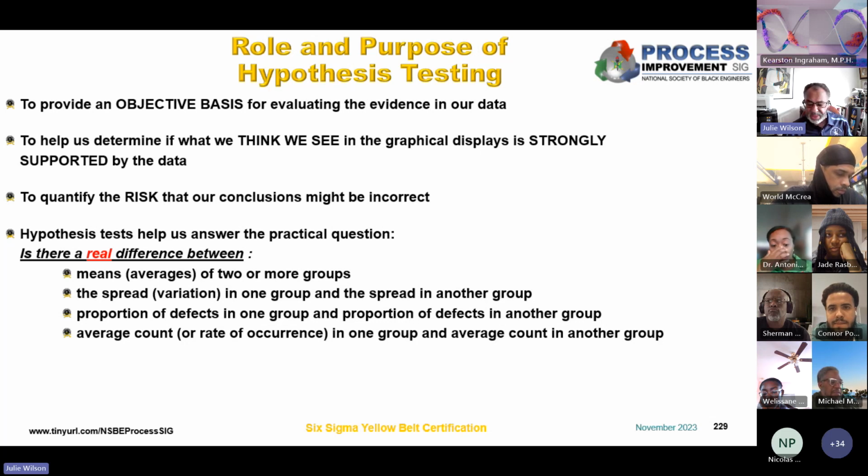In some cases, you may think it's obvious. If I calculate the average of this and the average of something else, whichever is higher is just higher, right? But remember what we said when we were talking about the different measures: sometimes you use the average and sometimes you use the median to compare populations.